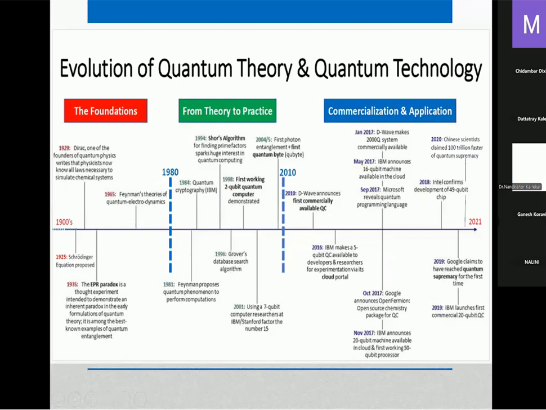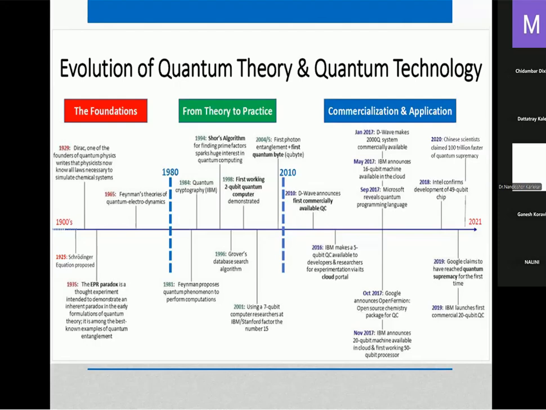This slide is representing the evolution of quantum theory and quantum technology. It started in 1929, the foundation. Further, Shor's algorithm was developed in 1994. The innovations were happening in 1998. You can see the first working 2-qubit quantum computer demonstrated. That was when Grover's database search algorithm was developed.